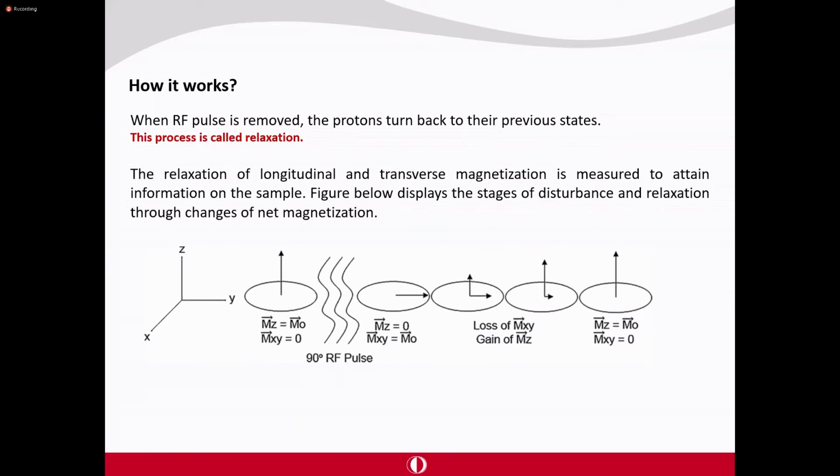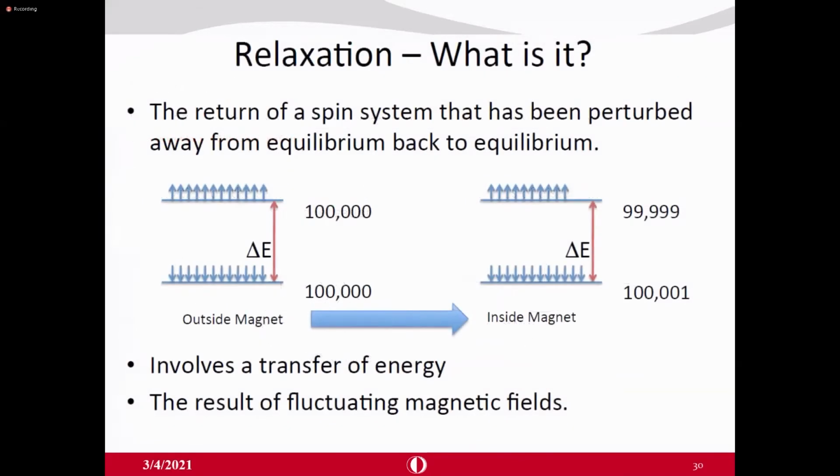T1 and T2 will be given as names. I will explain them explicitly, but this is what we are usually measuring most of the time in time domain NMR. So the return of a spin system that has been perturbed away from equilibrium back to equilibrium is what we call relaxation.